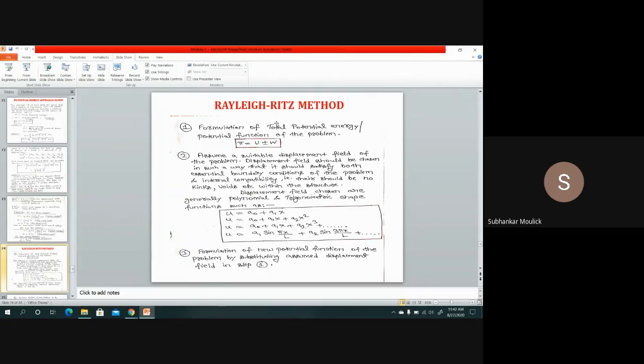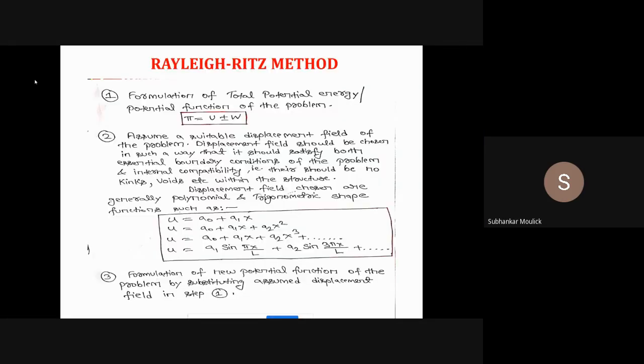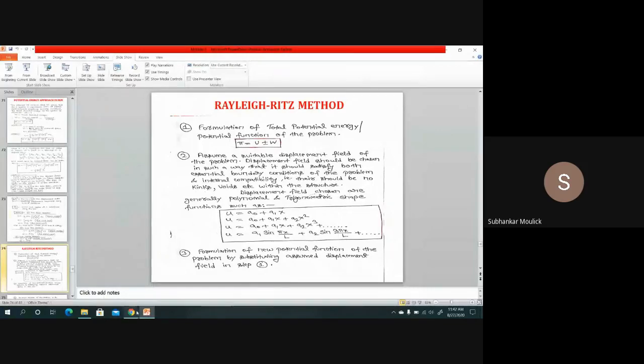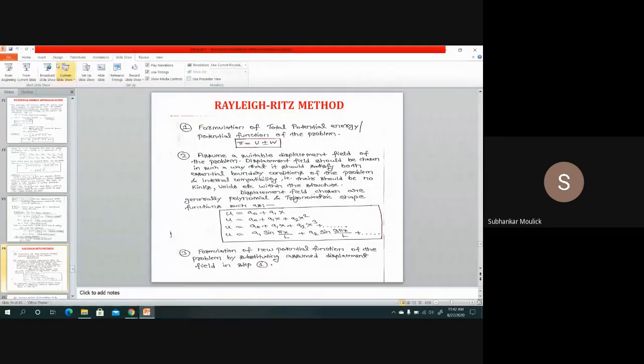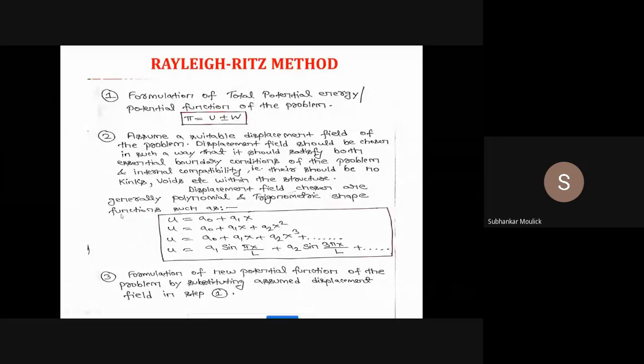It is a variational method, a variational approach to find the approximate solution of several boundary value problems, satisfying governing differential equations as well as the boundary conditions.